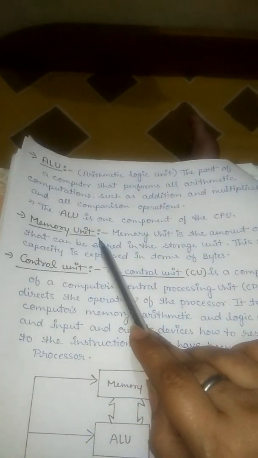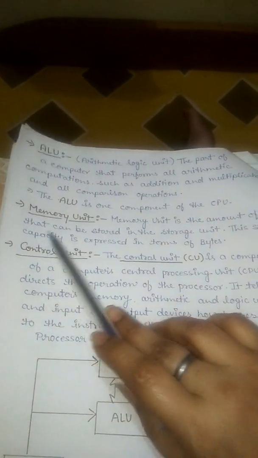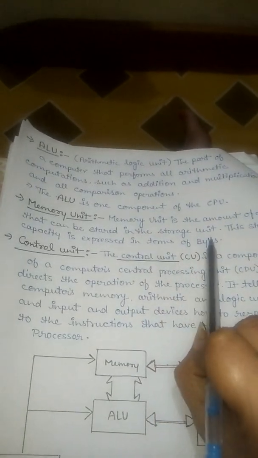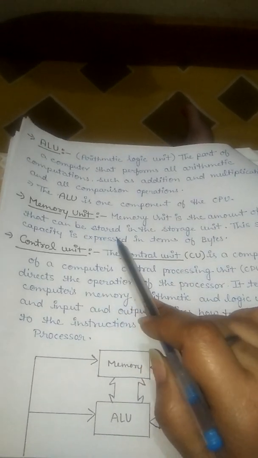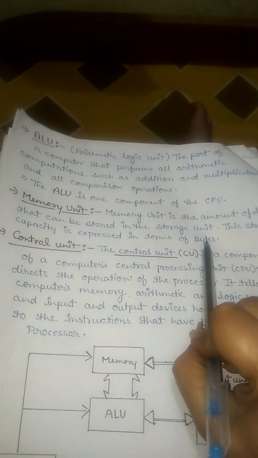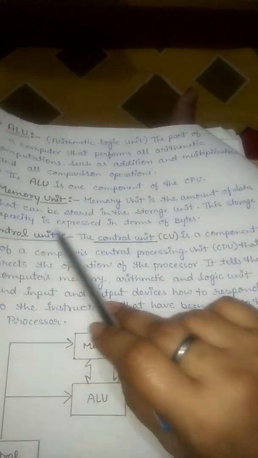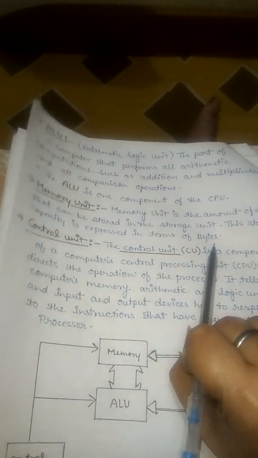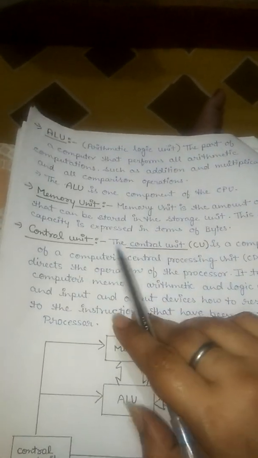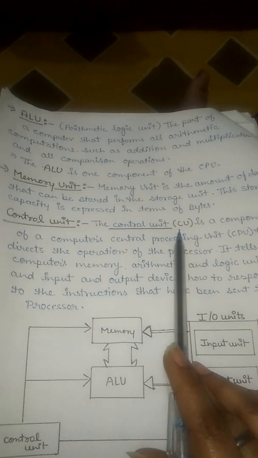Now next point, memory unit. Memory unit is the amount of data that can be stored in the storage unit. This storage capacity is expressed in terms of bytes. Now next, control unit, in short form CU.